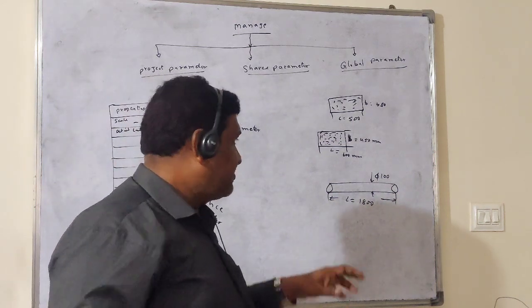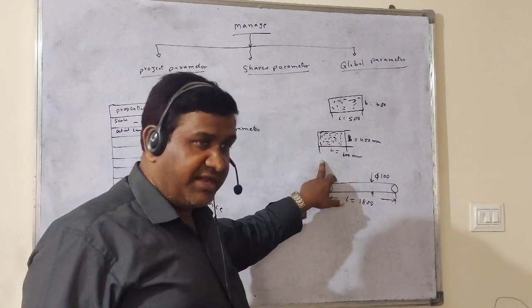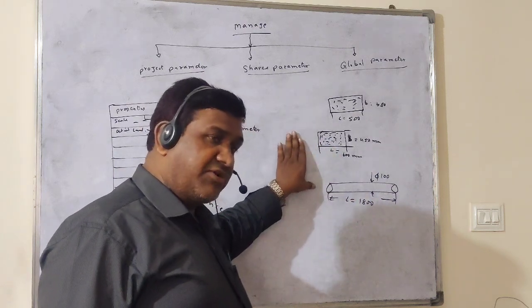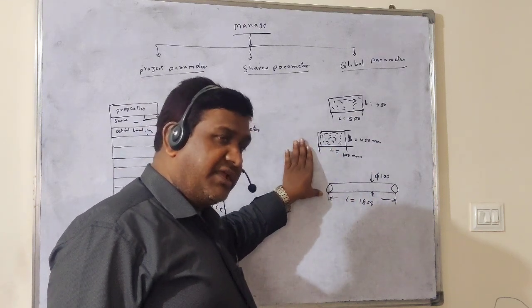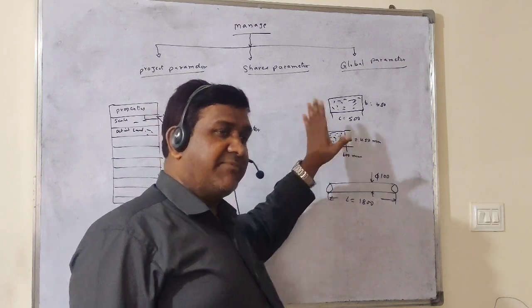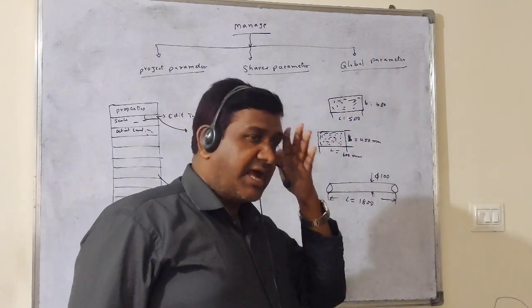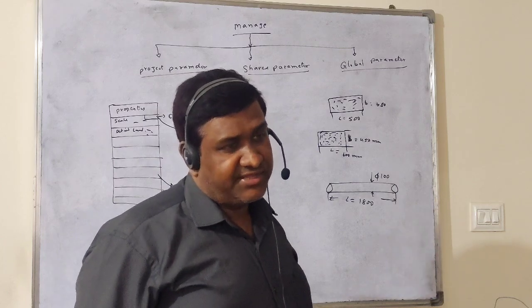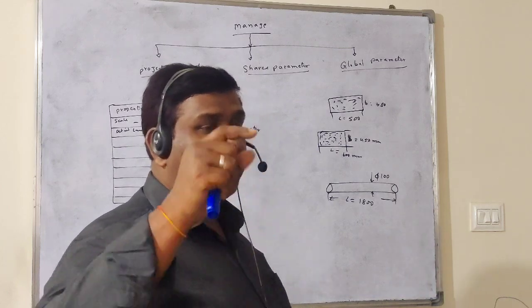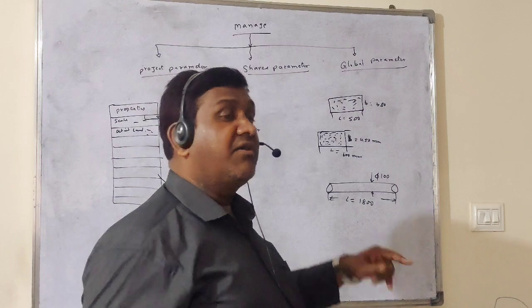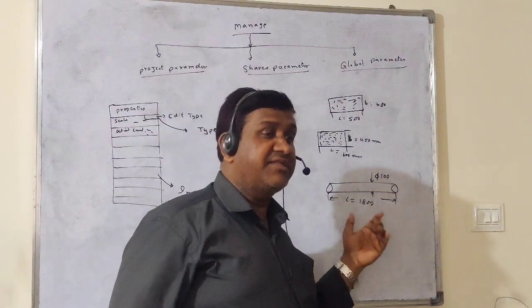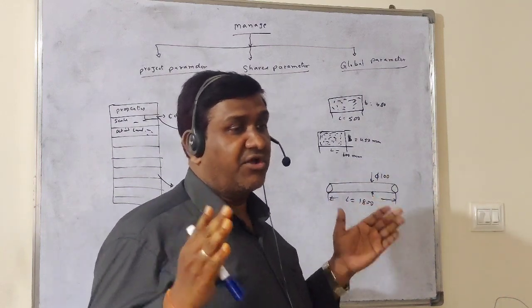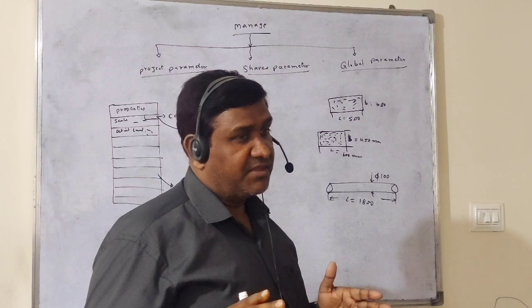Initially I placed one column, then I placed the same 600 column again in another area, and there also I kept 600. But as per the design, that column has to be changed to 500, because 600 is the bigger size and is not required as per the design.